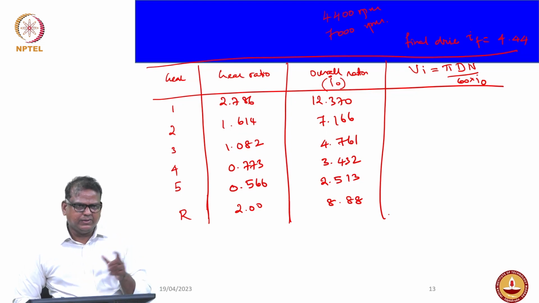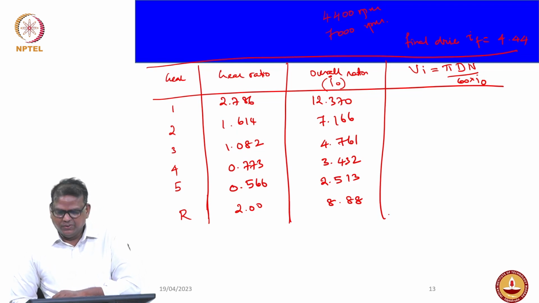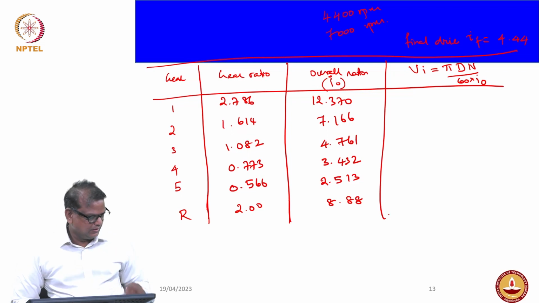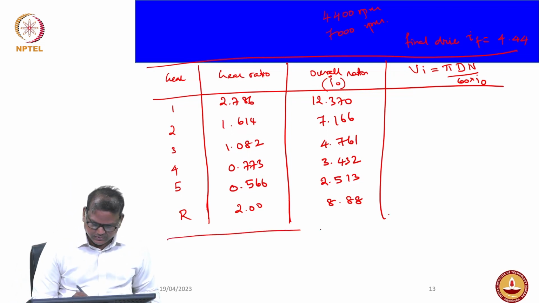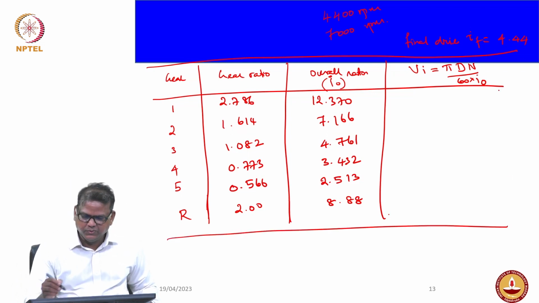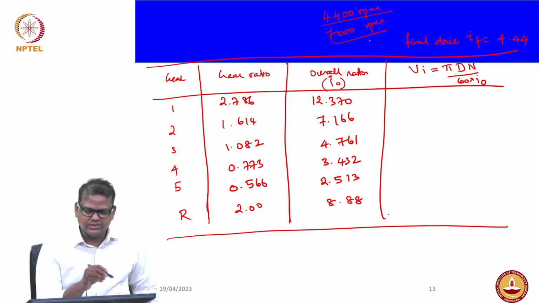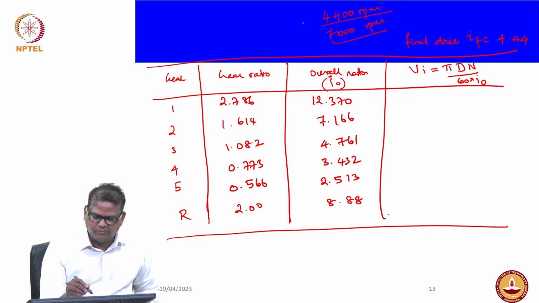Remember, in the gearbox we have taken the maximum speed. So in the clutch, what speed are we going to use, 4400 rpm or 7000 rpm? I just wanted to give you one more piece of information.